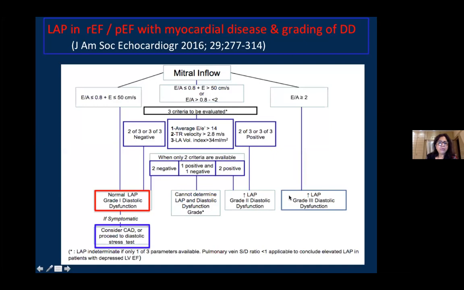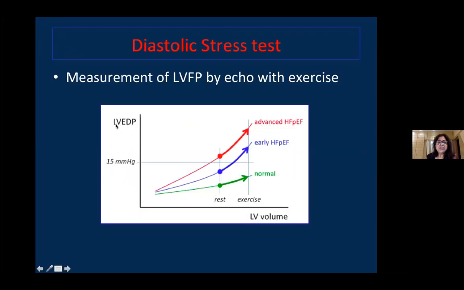Now, in this particular group of patients, we proceed for diastolic stress test. And what is that? See, diastolic stress test is the measurement of LV filling pressure by echo with exercise. What LV filling pressure we were measuring till now, we were doing it at rest.